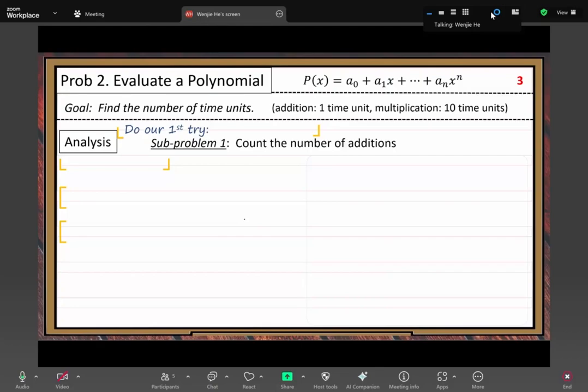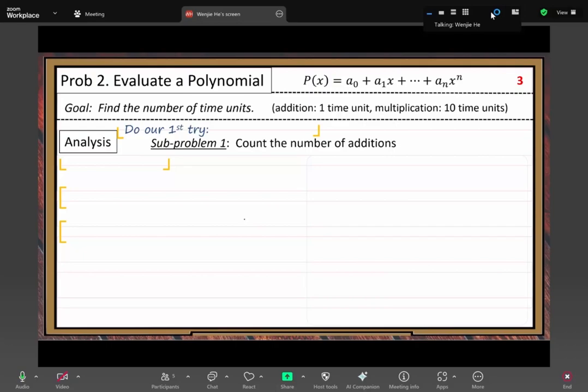Any difference between the number of additions and the number of terms? When you say additions, are you talking about the operations? Yes. You can see the number of additions is 1 fewer than the number of terms, right?